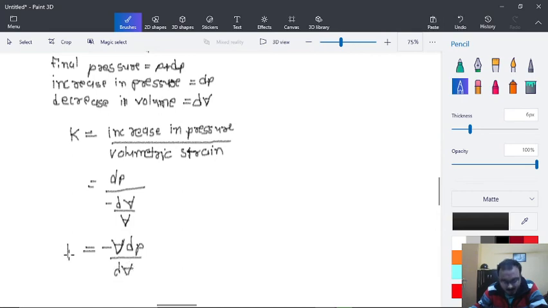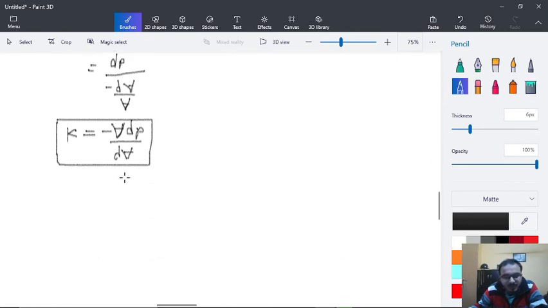That is the value of K. And now the value of compressibility is equal to 1 over K.